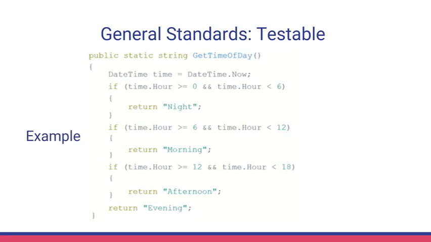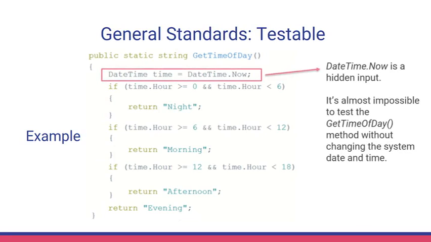An example would be this function. It gets the time of the day from the computer, and then it returns if it's morning, evening, or afternoon. Now there is a problem with this first line in the code. The daytime now is a hidden input. You don't control it.